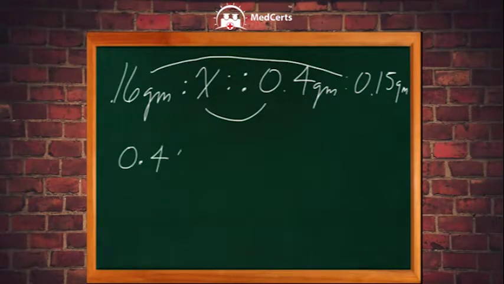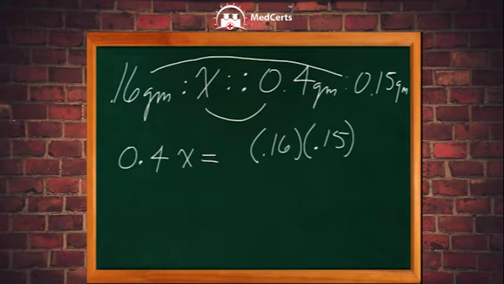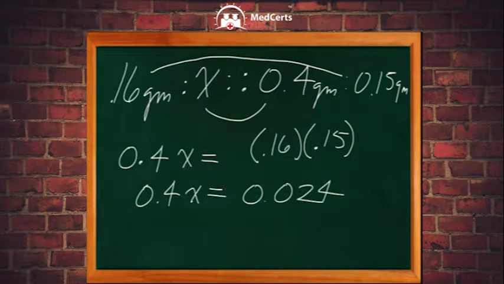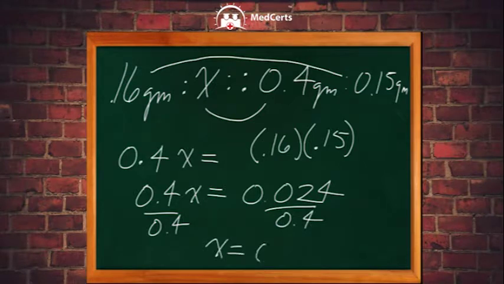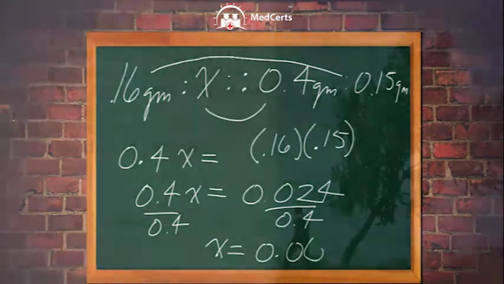So 0.4 times x would give us 0.4x, and then we would take 16 grams and multiply it times 0.15, and then 0.16 times 0.15 would give us 0.024. We divide each side by 0.4 to get our variable on one side, and then 0.024 divided by 0.4 would give us a value of 0.06 for our x.